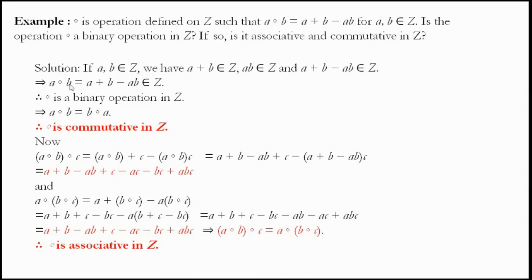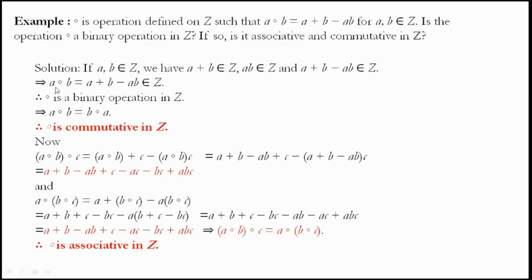Now using this, you will be asked to find out whether it is associative and commutative or not, whether it is distributive and other things or not. So you have to consider this particular expression for proving whether it is commutative or associative. For example, A binary operator B is equal to B binary operator A. This is called the commutative law.